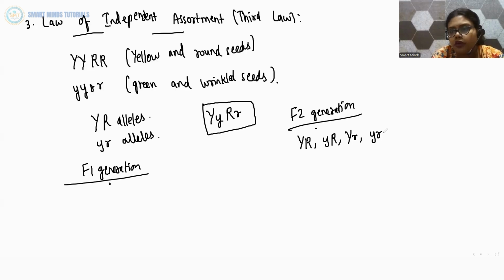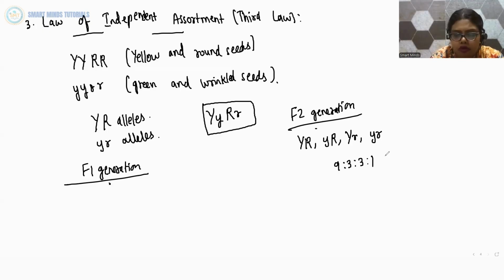Completion of the Punnett square predicts four different phenotypic classes of offspring: yellow round, yellow wrinkled, green round, and green wrinkled, in a dihybrid ratio of 9 to 3 to 3 to 1. This is called the dihybrid ratio, 9 to 3 to 3 to 1.